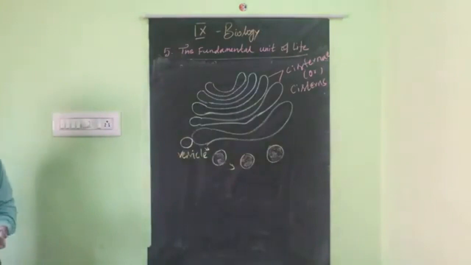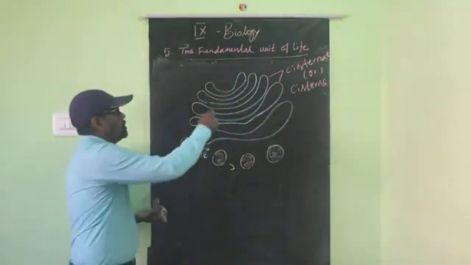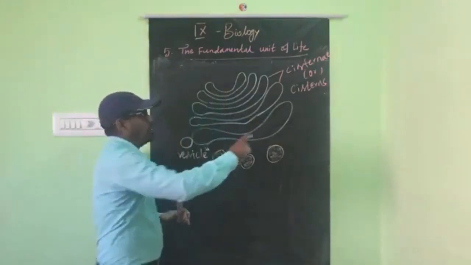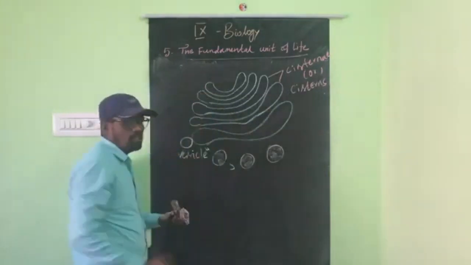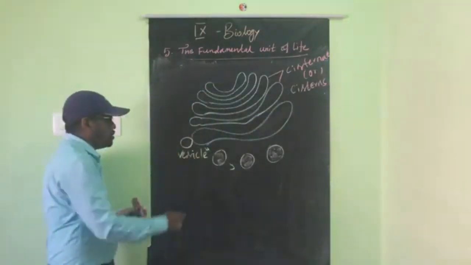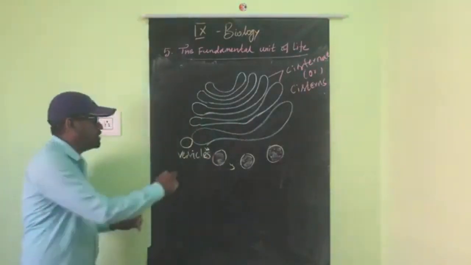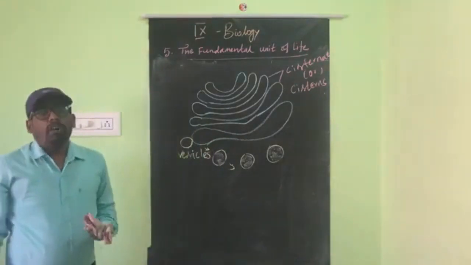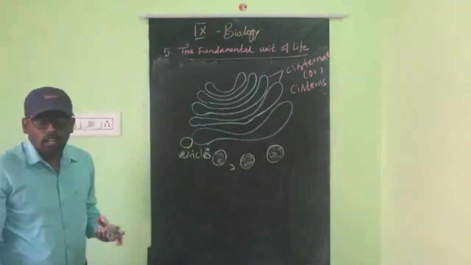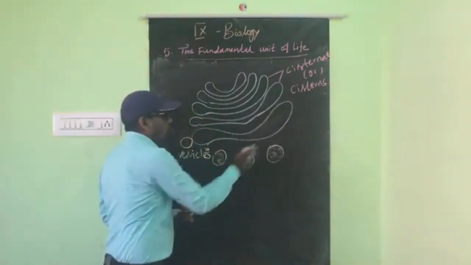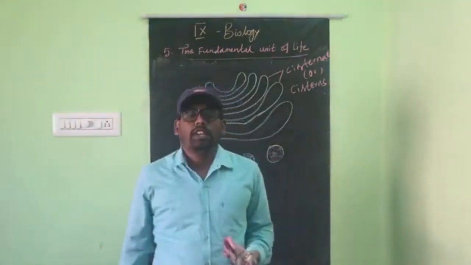Again, this is the structure of the Golgi body. This is a sac or flattened structure that is called cisternae. It is arranged parallel to each other in stacks, and also there are vesicles. What is a vesicle? It is a bag or sac-like structure which is developed from the Golgi apparatus. When it is matured, it is released from the Golgi body, and it stores the materials present inside the cell.